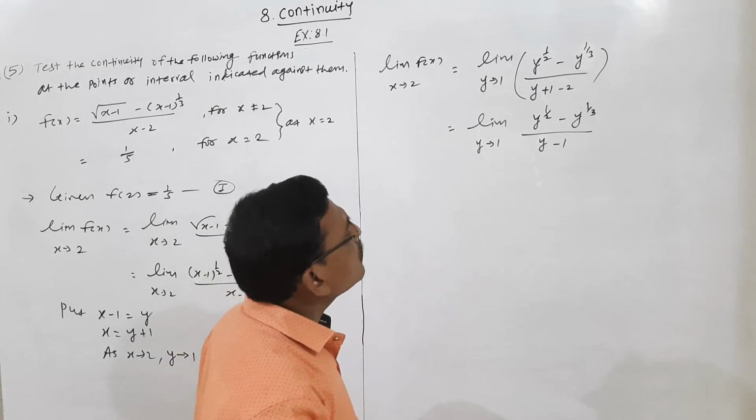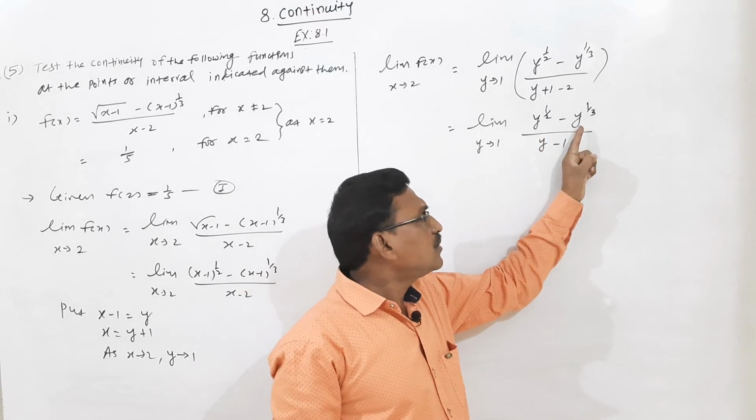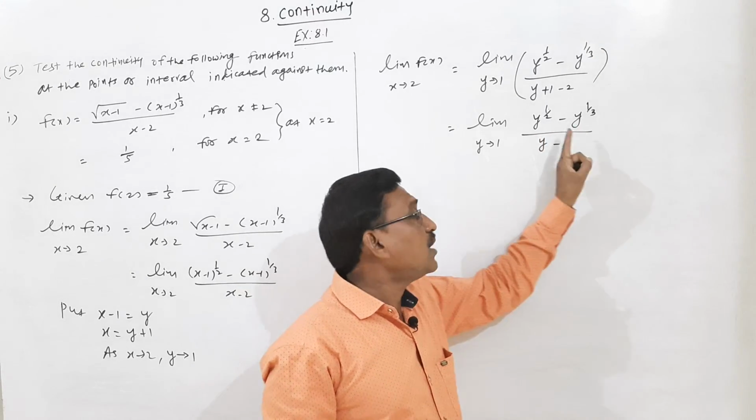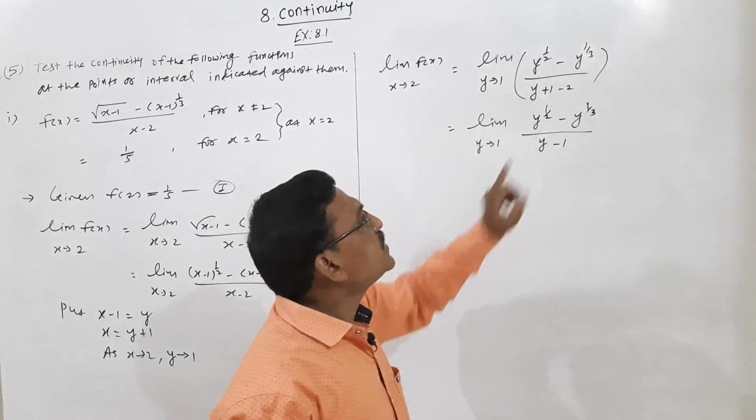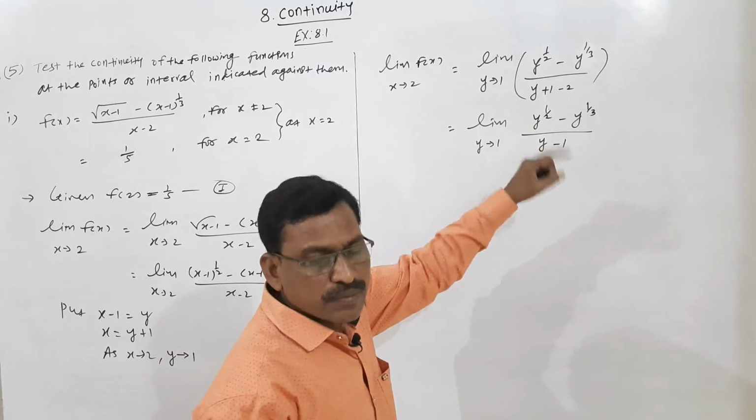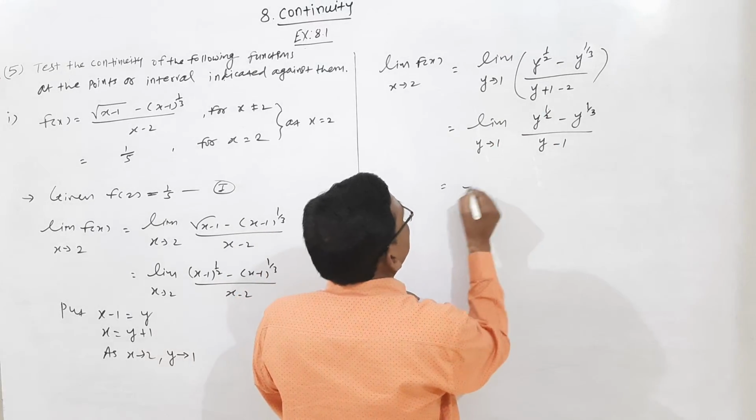Now, as there are two functions, we add plus 1 minus 1 in the numerator.